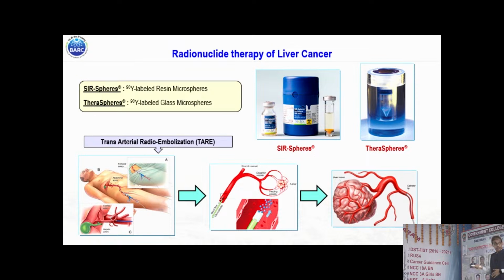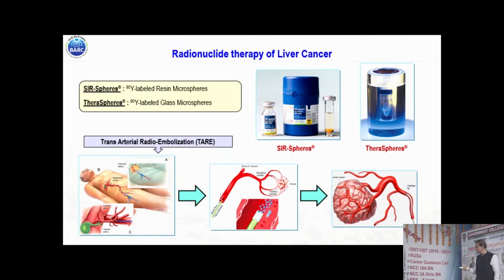One is called SIR-Spheres, that is basically 90 yttrium-labelled resin microspheres, very, very small spheres where the 90 yttrium has been loaded and injected into the patients. The other is called TheraSpheres, glass microspheres within which the 90 yttrium, a radioisotope with high beta energy, has been incorporated.